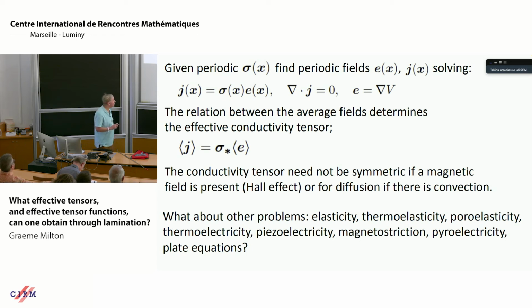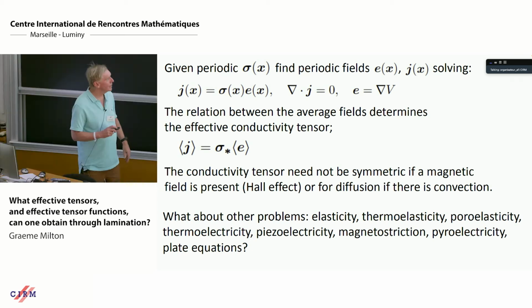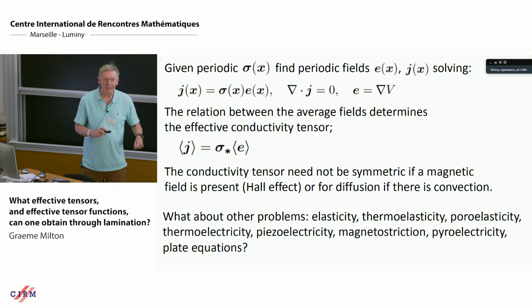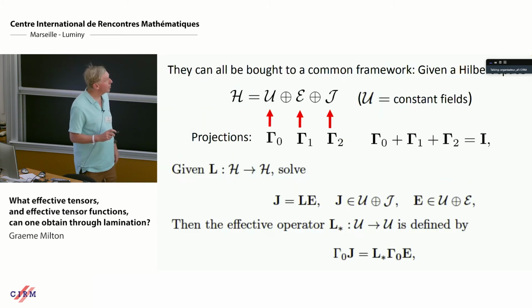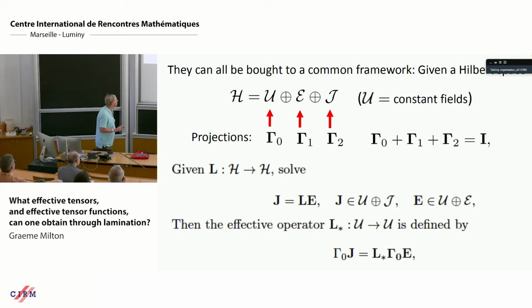That's true if there's a magnetic field, but it's also true for convection-enhanced diffusion. And then, of course, one may ask about a lot of other physical problems, and here I've listed some of them: elasticity, thermoelasticity, poroelasticity, etc. Basically the same format holds for them as well. So I won't be saying much about this.